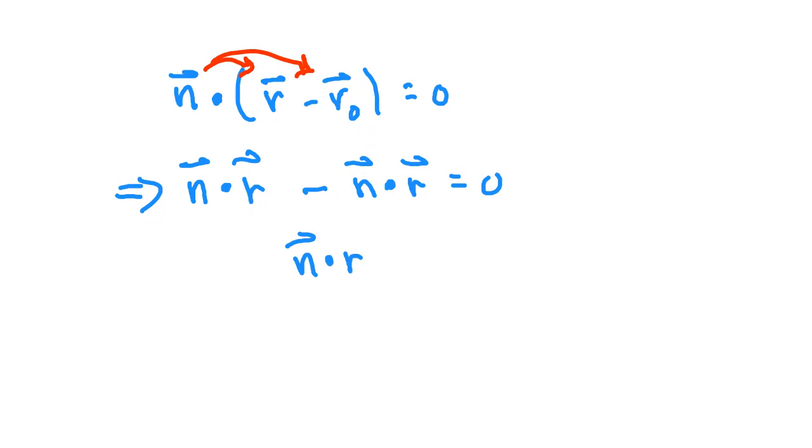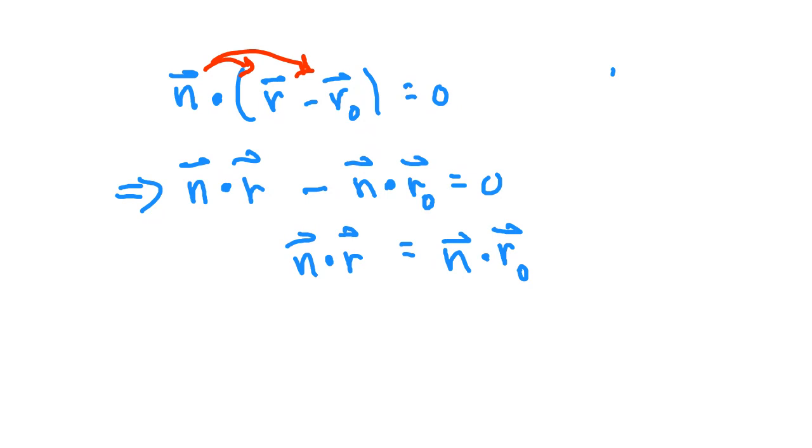dotted with the vector r equals the dot product of the vector n and r sub 0.